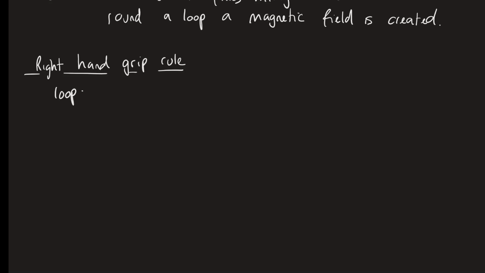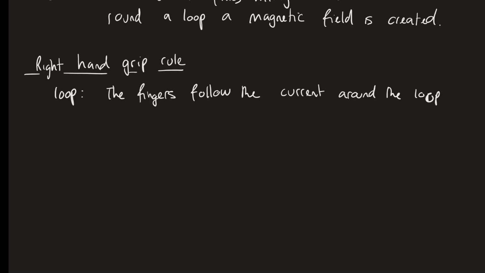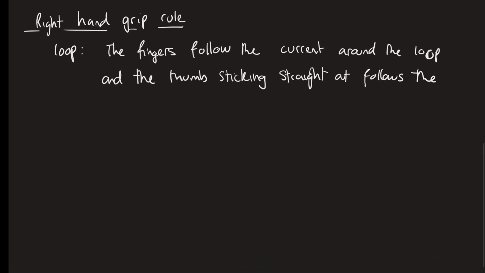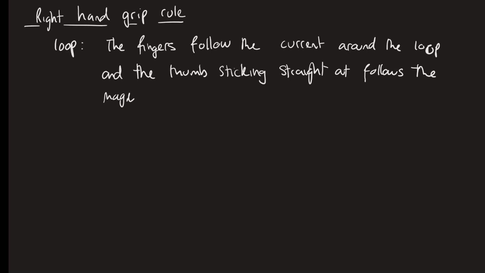So for a loop, the fingers follow the current around the loop and the thumb, sticking straight out, follows the magnetic field.